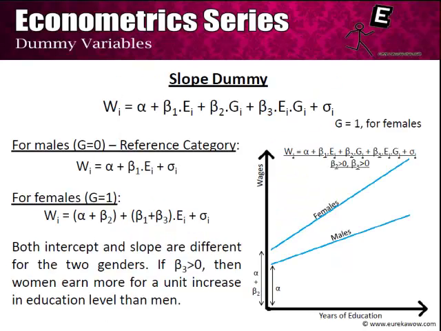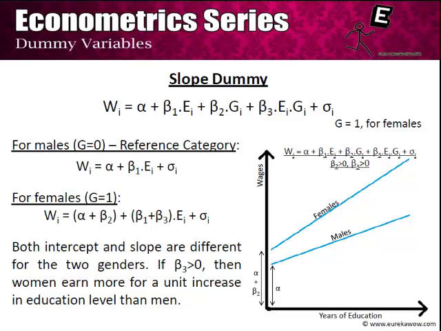So thus far we've talked about intercept dummies, in which case there is a difference between 2 categories of an attribute at all levels of the quantitative variable. But as we've mentioned before, there might be a case in which the same quantitative variable responds differently in the case of 2 different categories.